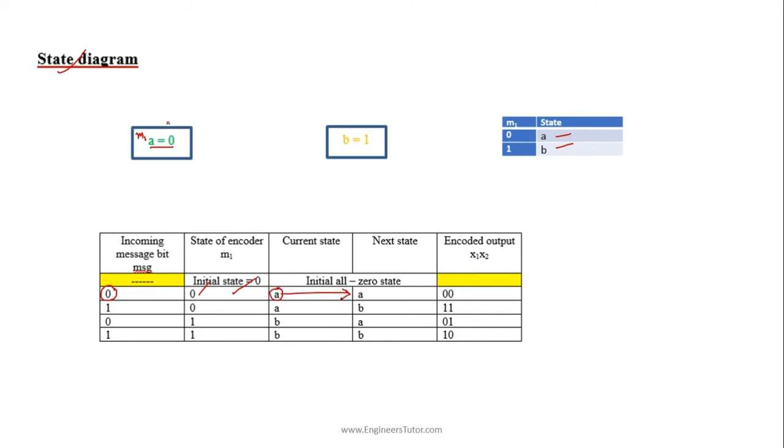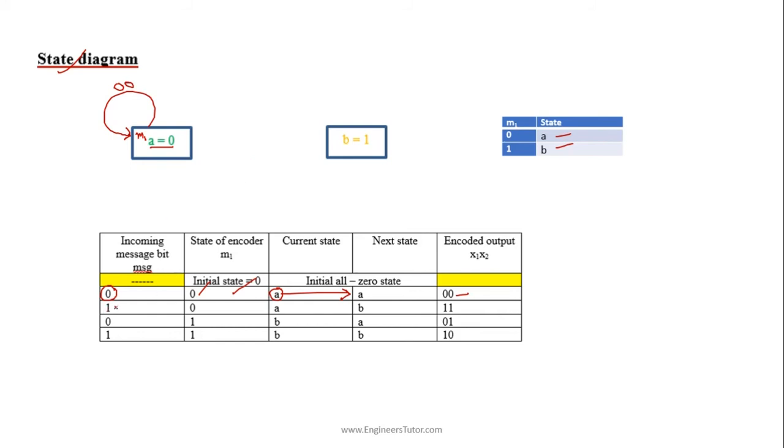This is called a self loop. If the incoming bit is 0, state changes from A to A. The output is 0 0. We represent the output here, 0 0.